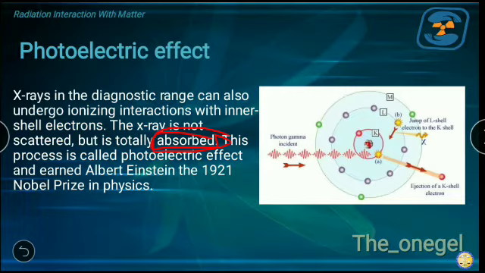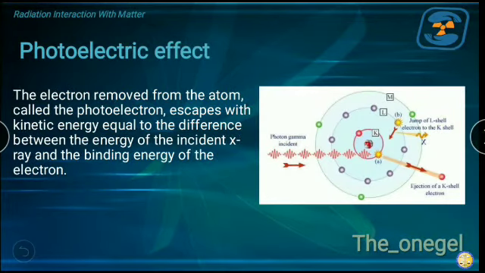This process earned Albert Einstein the 1921 Nobel Prize in Physics. In the photoelectric effect, the electron is removed from the atom. Therefore, there is still ionization, because ionization is the removal of an orbital electron from the atom. We now call this electron the photoelectron.